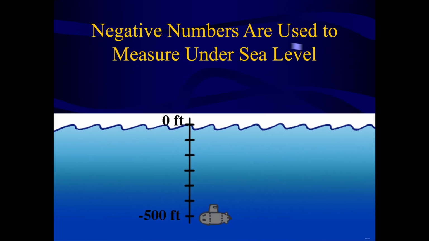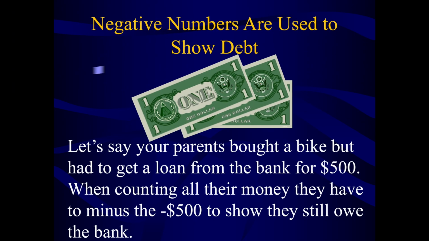Negative numbers are used to measure under the sea level. Here we have our submarine, and it's at -500 feet. Negative numbers are used to show debt. Let's say your parents bought a bike, but had to get a loan from a bank for $500.